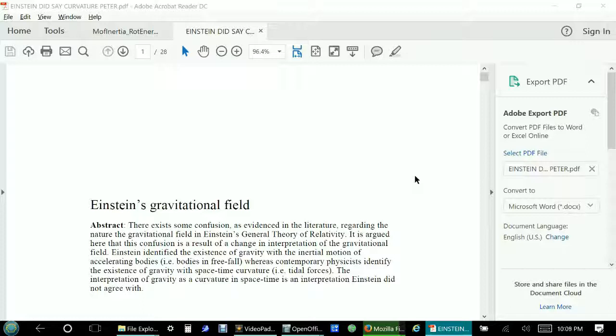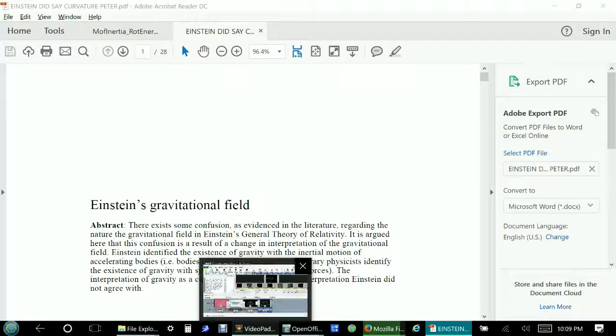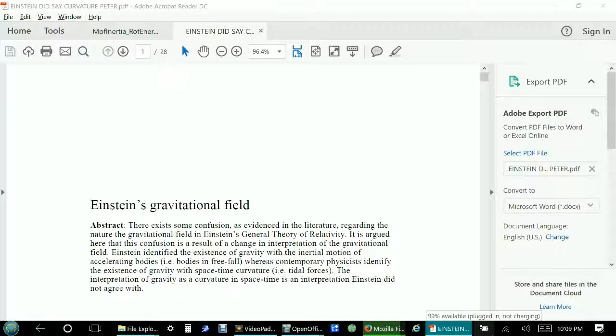But here's another fellow, a scientist. He published this in Physics Education, and basically here's his abstract, Einstein's gravitational field. The abstract: there exists some confusion as evidenced in the literature regarding the nature of the gravitational field in Einstein's general theory of relativity. It is argued here that this confusion is the result of a change in the interpretation of the gravitational field.